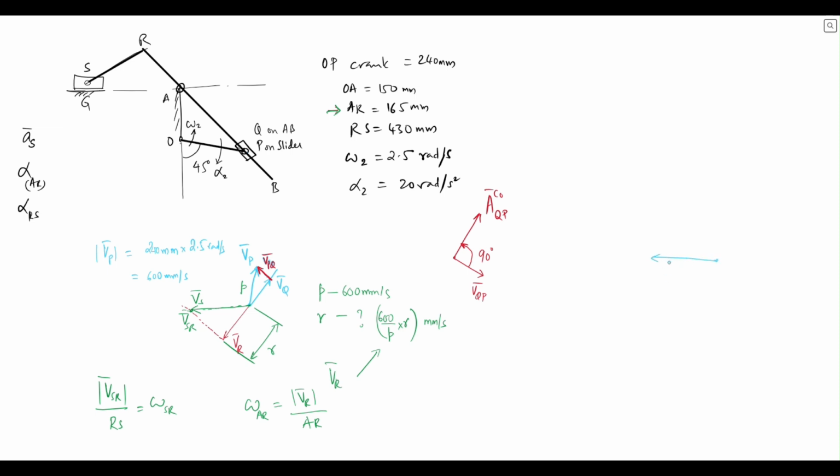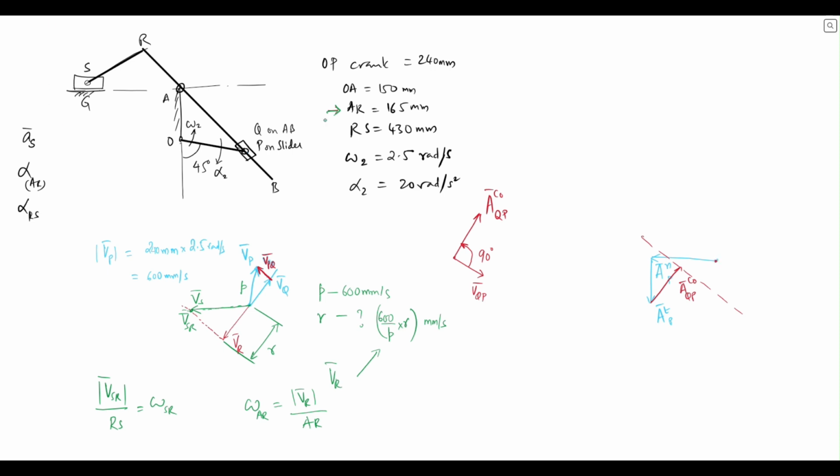This is the normal acceleration of point P, and there is alpha going clockwise, so we can draw this as the tangential acceleration of point P. From here we also know that there is a Coriolis component, so we can draw that, maybe just till here, and then we know that there is a slip. There is acceleration of slip along this line.